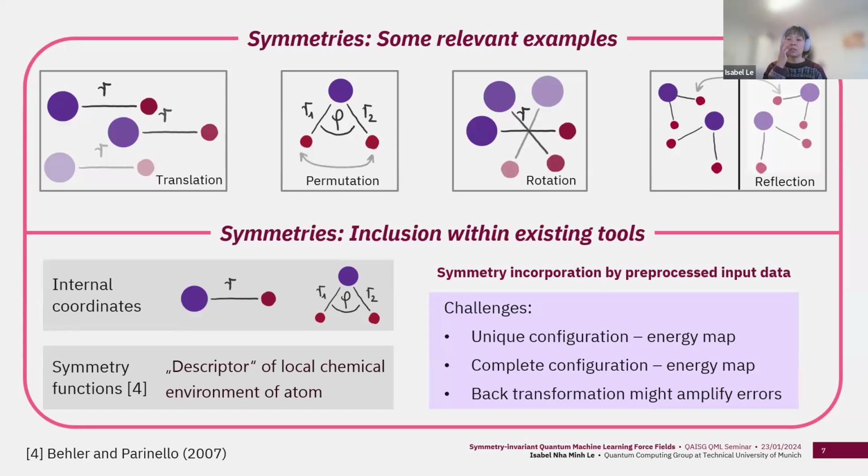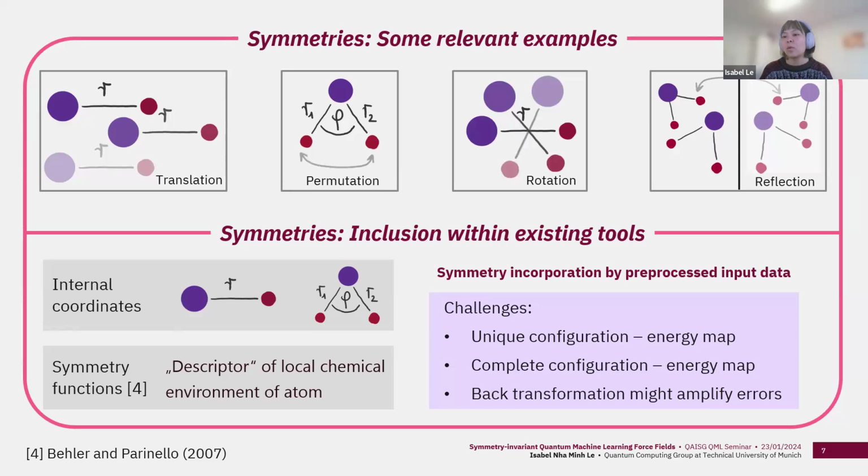Okay, so this means that we could incorporate the symmetries by means of classical pre-processing of the input data. So we just put the information about the symmetries in this representation of the input data or of the atomic configuration. But actually, this task is not necessarily easy. It can be difficult to find such a unique and complete configuration to energy map.